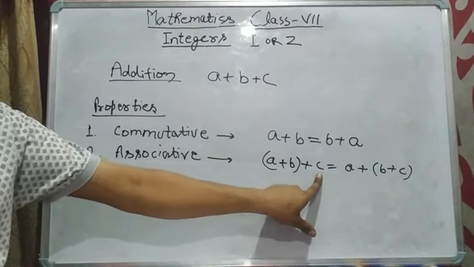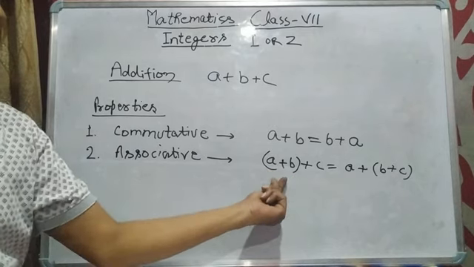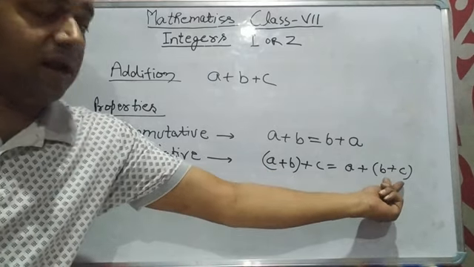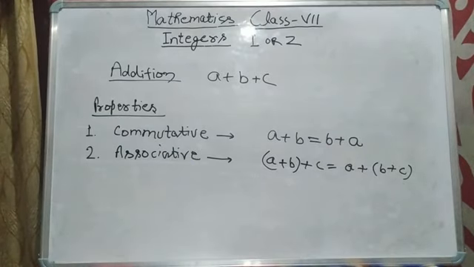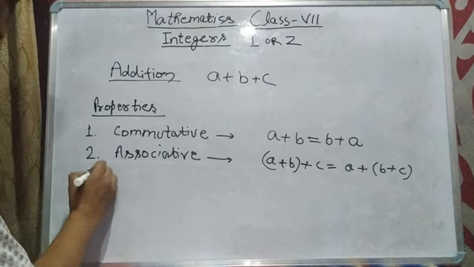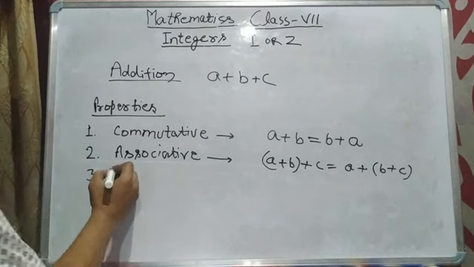A plus B plus C, either we can add A plus B first, then we will add C, or we can add B plus C first, then we can add A. This is called the associative property. Third one. Third property says additive identity.